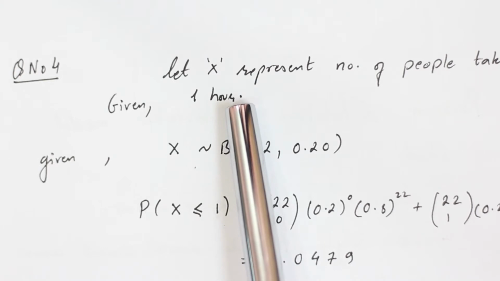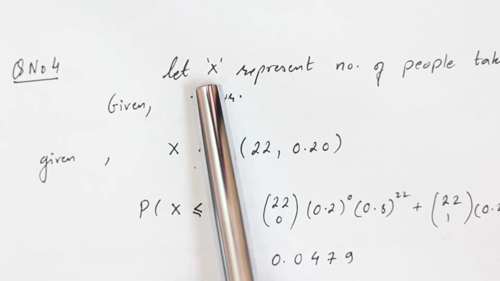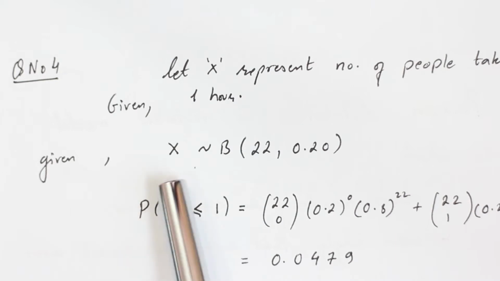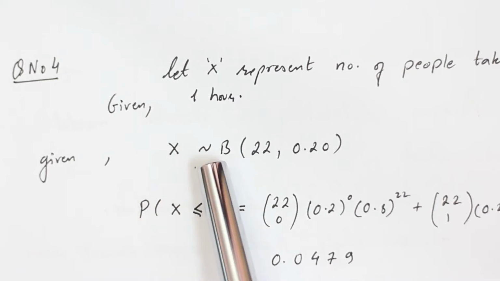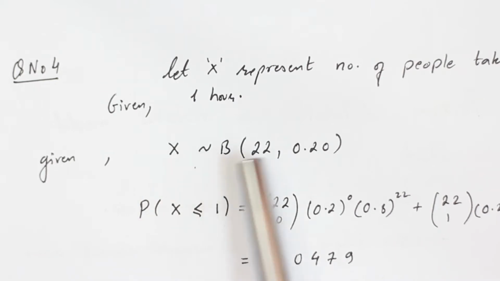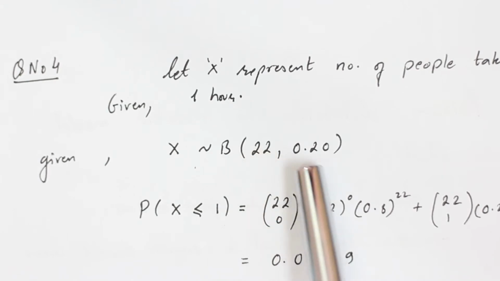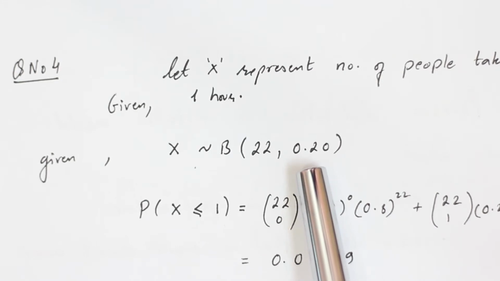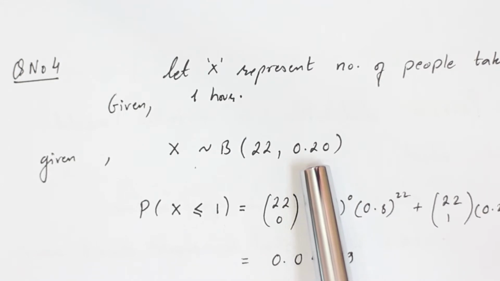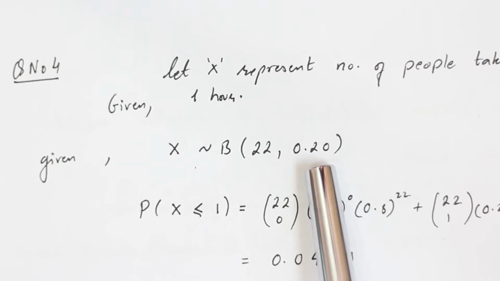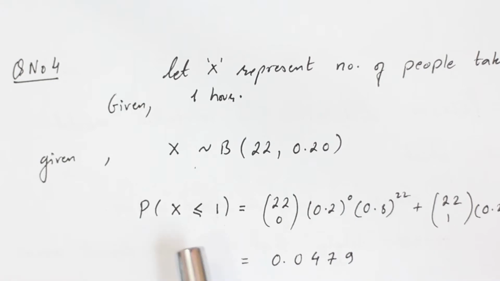So if we have X represented as the variable, then we know that X follows a binomial distribution where the number of trials is 22 and the probability is 0.20. Now, in order to find the significance level, we are given to find the probability of X less than or equal to 1.